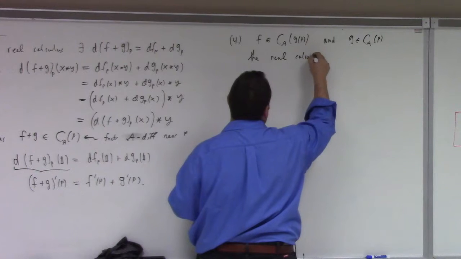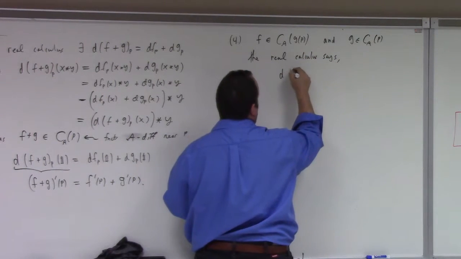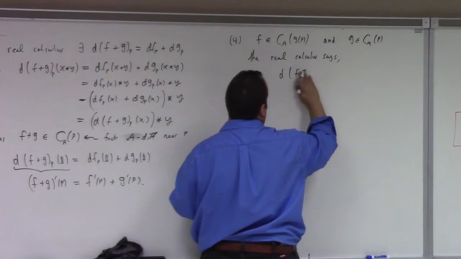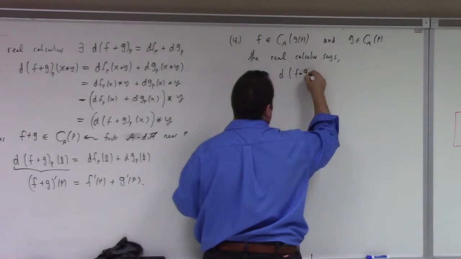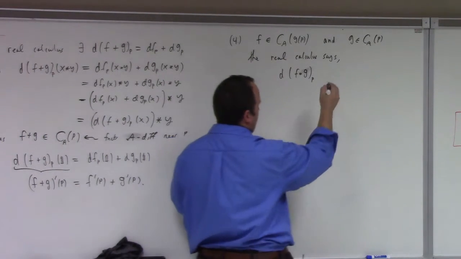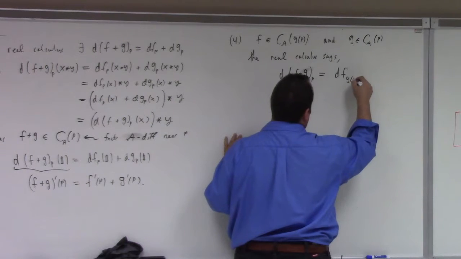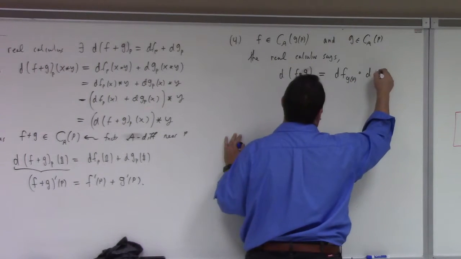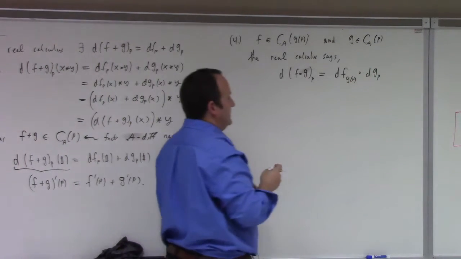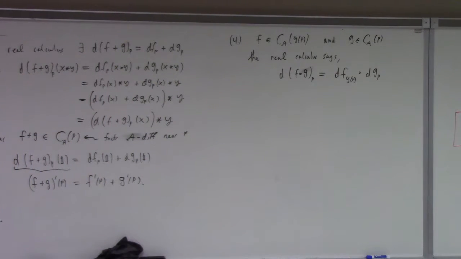Real calculus says that the differential of F composed with G at P is dF at G of P composed with dG at P. Anyway, so there you go, that's just the ordinary chain rule, which we prove in advanced calculus.